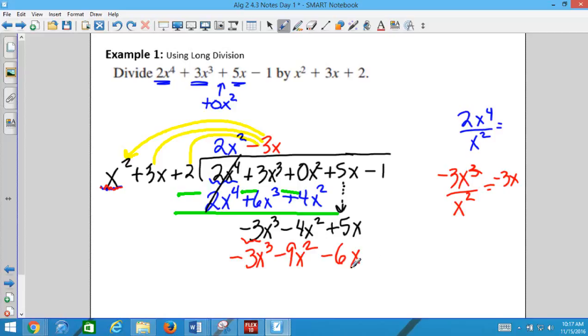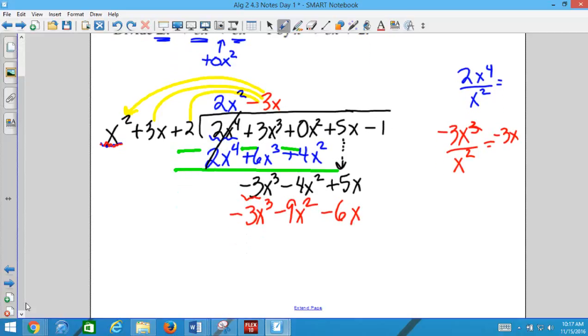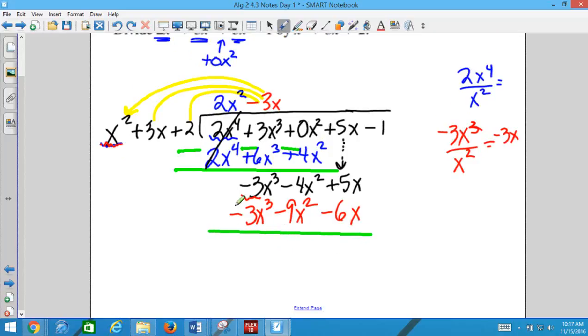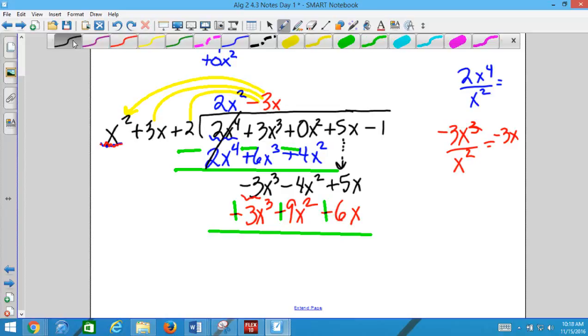Then what do we do? Draw the line, change all the signs, then you can add them up. What do we get? These cancel.